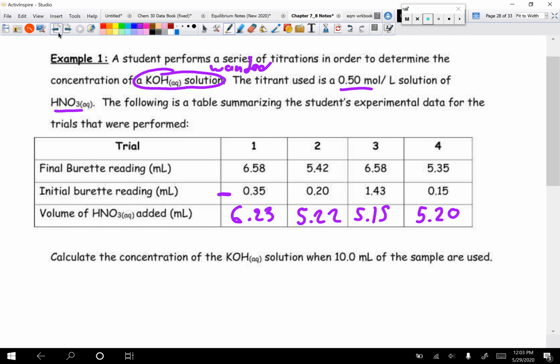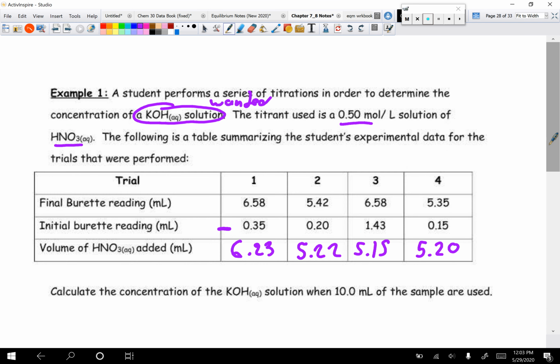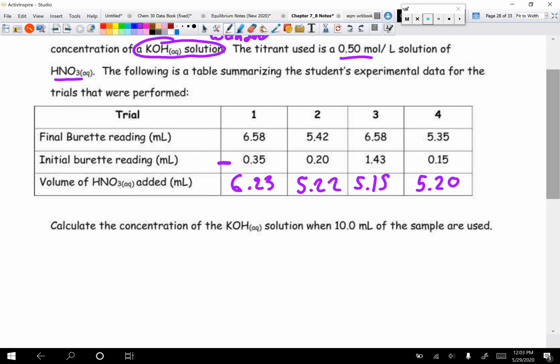Now, when we go back to our previous page, it said that we use 3 trials whose results are within a range of 0.2 milliliters of each other. That just means that we narrow in on the most precise ones.